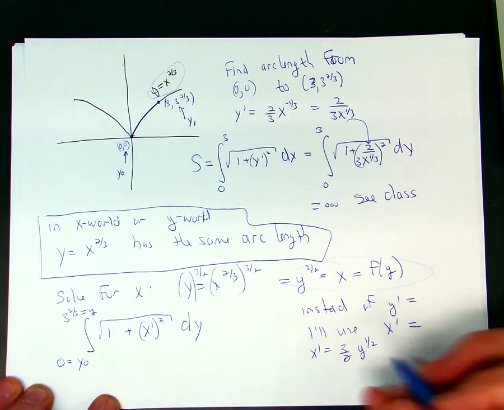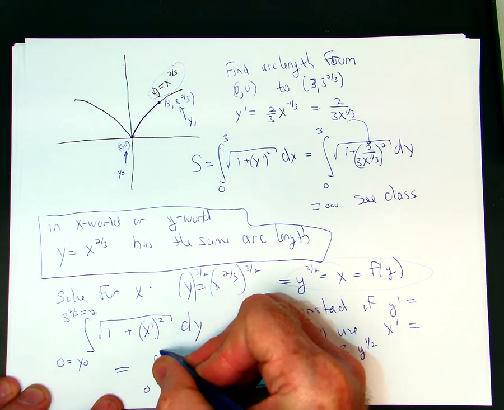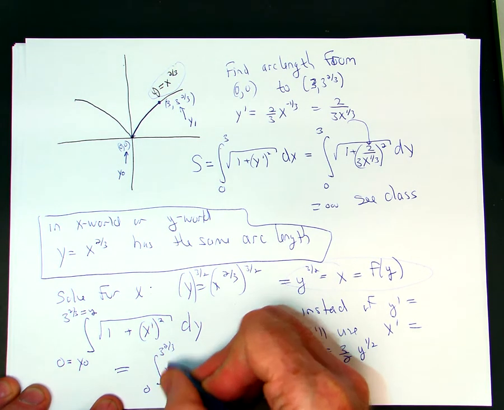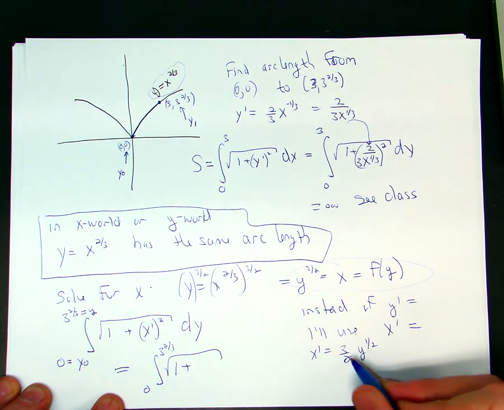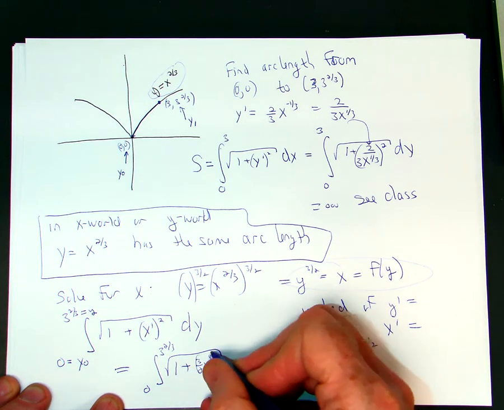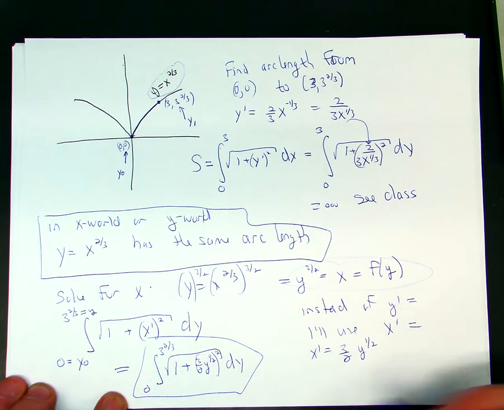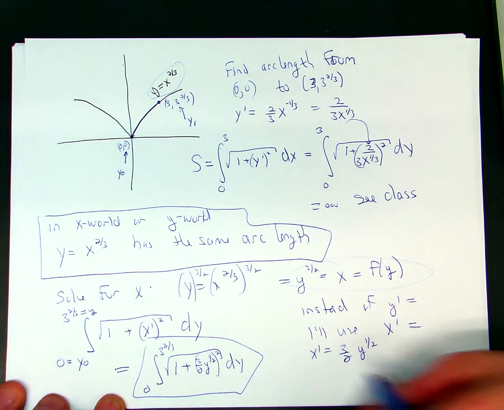So I have that. Well, this becomes the integral from 0 to 3 to the 2/3 of the square root of 1 plus this quantity squared, with respect to dy. Sorry, I don't mean to crowd things down here.